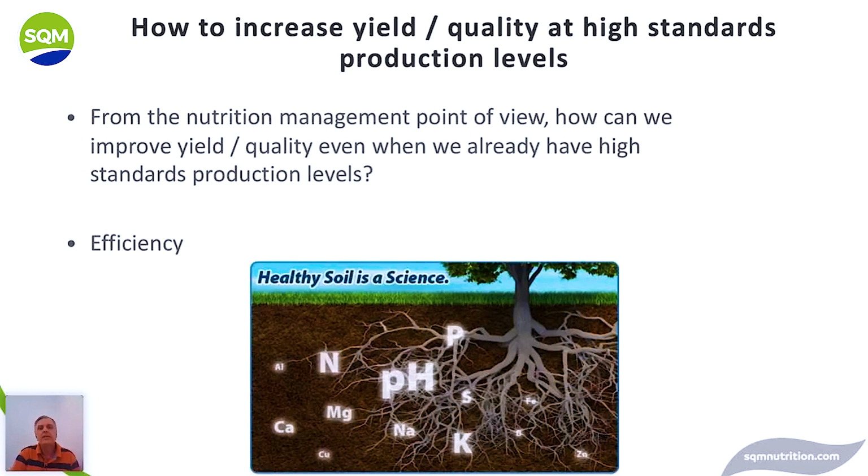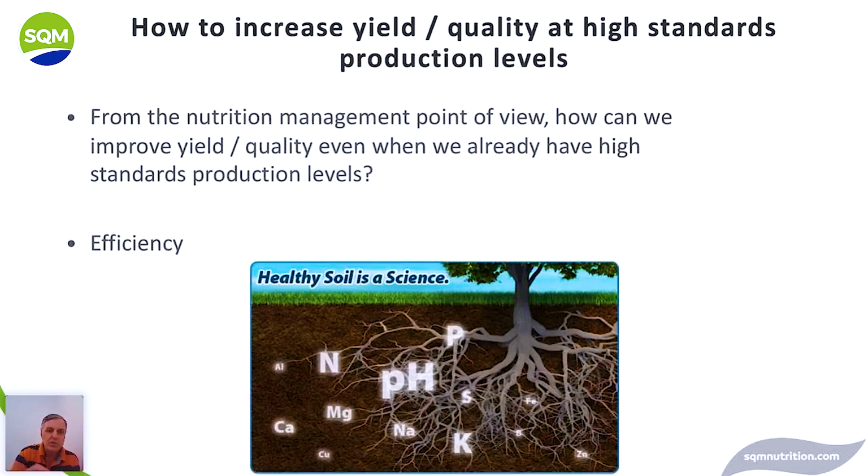Now, the way that you can do that is being efficient with the minerals that we apply. When you're thinking in mineral nutrition or in plant nutrition, we are applying minerals to the soil or in the nutrient solution to feed the plants. So how can we do that?